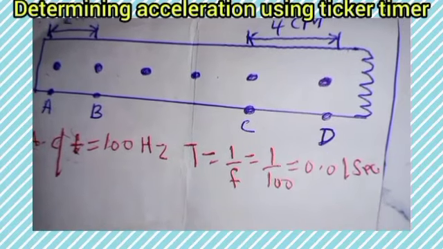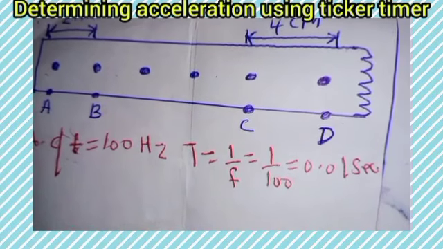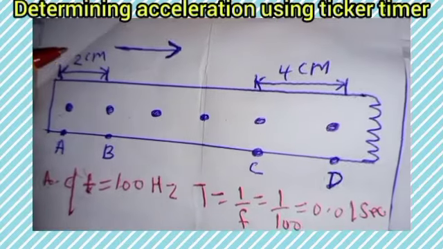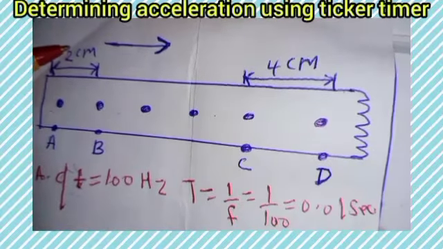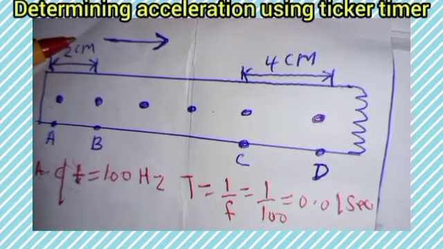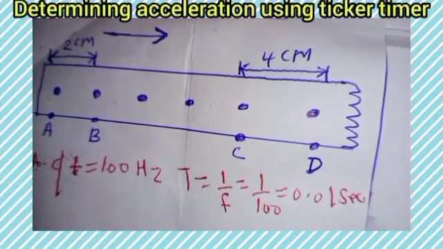Now, what is needed here is to determine the acceleration using the setup. This was a setup extracted from an experiment carried out to determine the acceleration using the Tinker Timer. Now, the tape was put in the direction shown by the arrow.